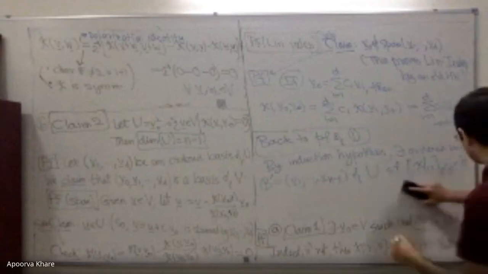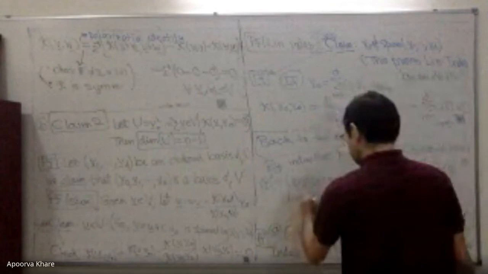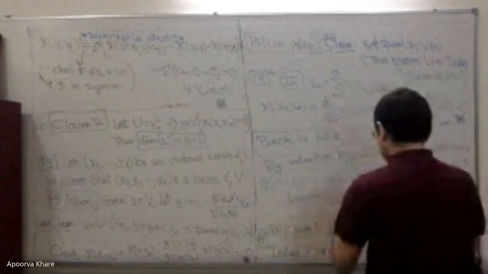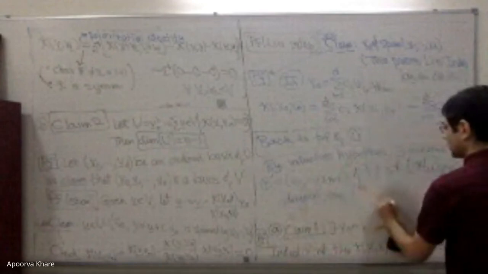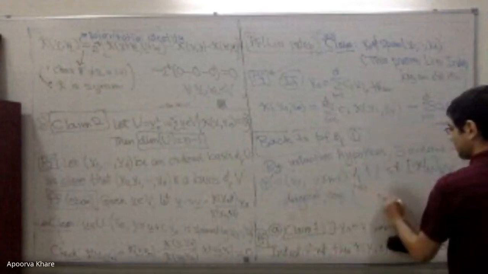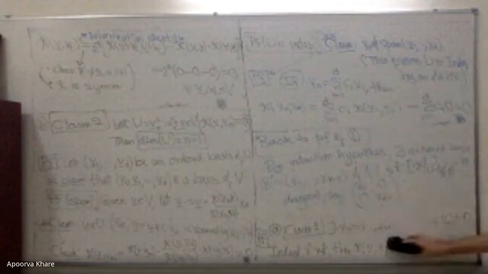Let's, in fact, give these things names. Say sigma 1. I won't call them lambdas, I'll call them sigmas, because these are not eigenvalues. Okay, great. So that's what they are.